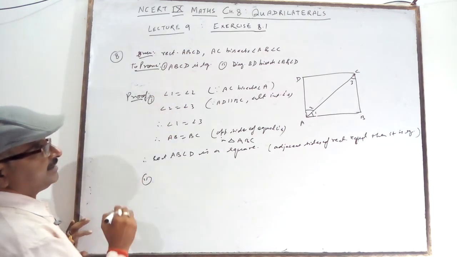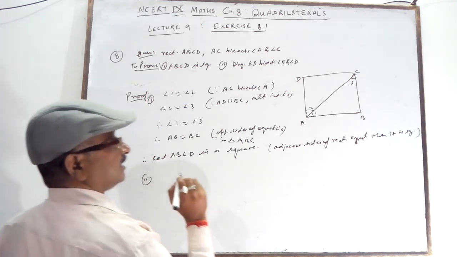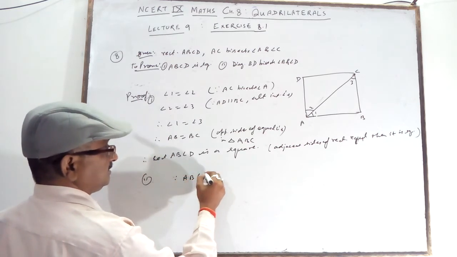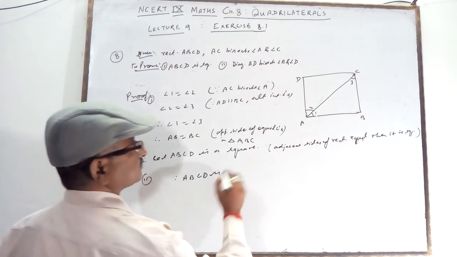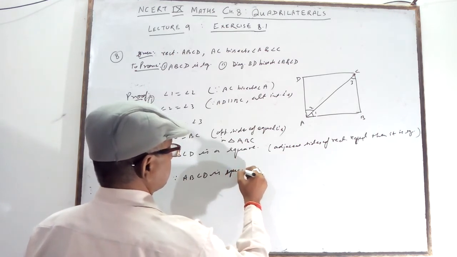Second part, the diagonal BD. Diagonals of a square bisect because ABCD is a square, so it is a property.